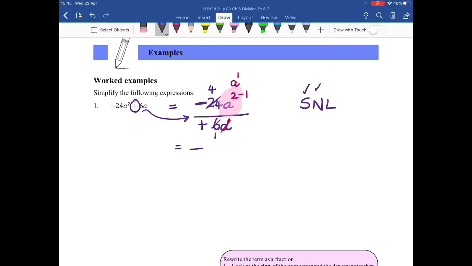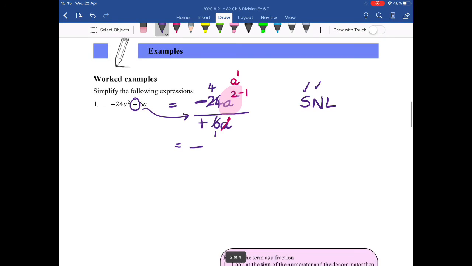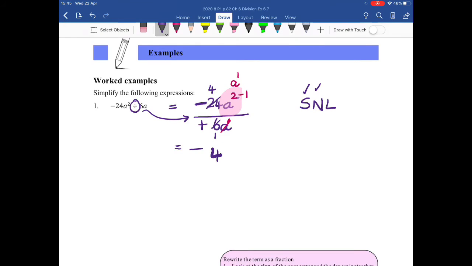So if I write that out nice and neatly, I've got a 4 and an A at the top over, and I've got a 1 times 1, which is 1, so that is negative 4A, and that is my answer to that simplification.